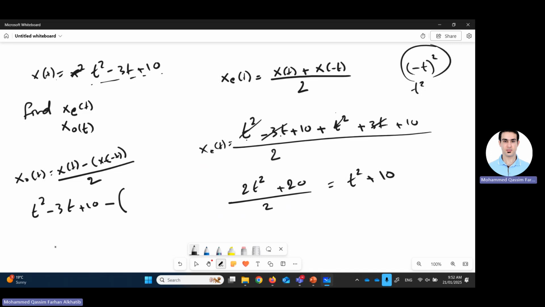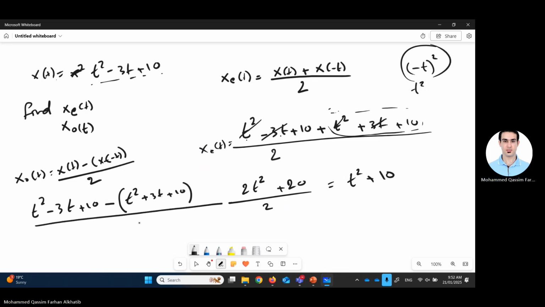Now x of minus t, we've done that already here. It's the same expression. So t squared plus 3t plus 10, over 2. Then distribute the negative sign.